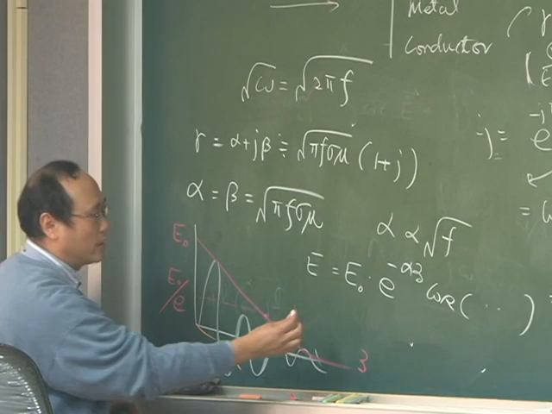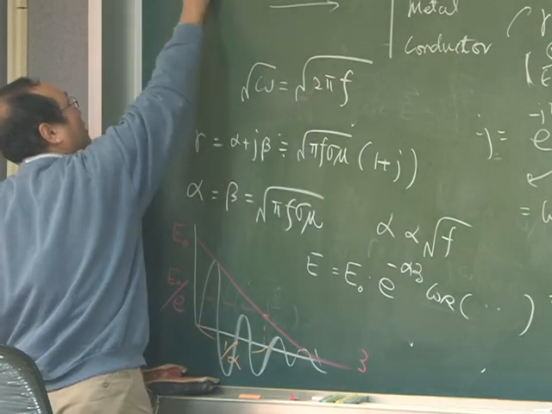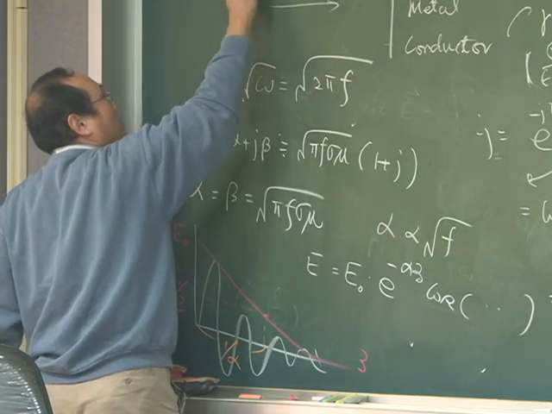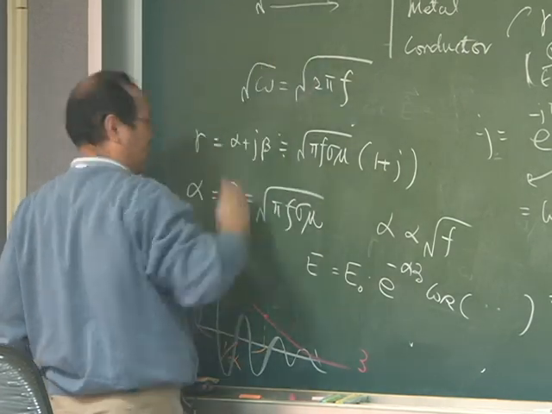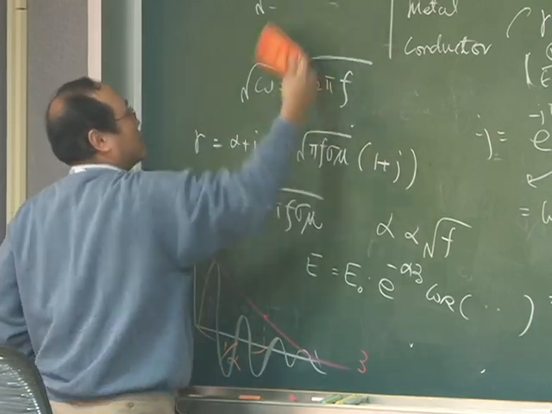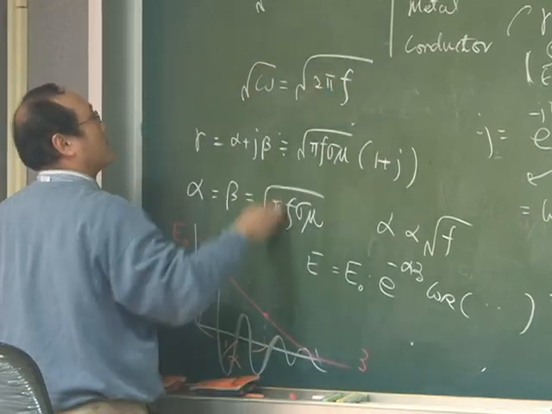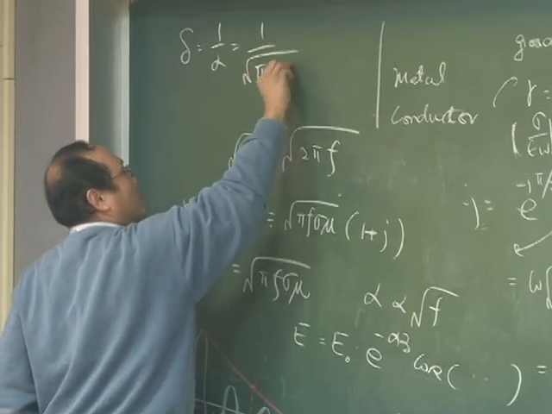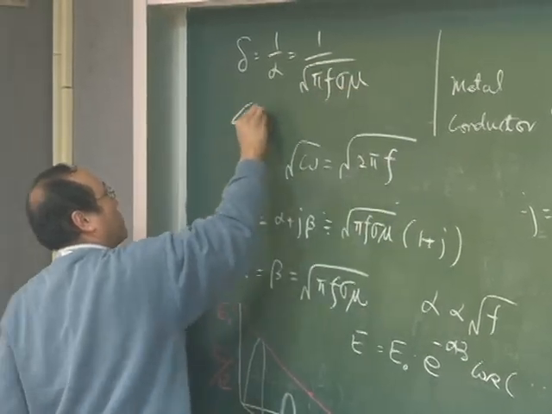Okay, and we said that this 1 over alpha, 1 over square root of pi f sigma mu, is called skin depth.